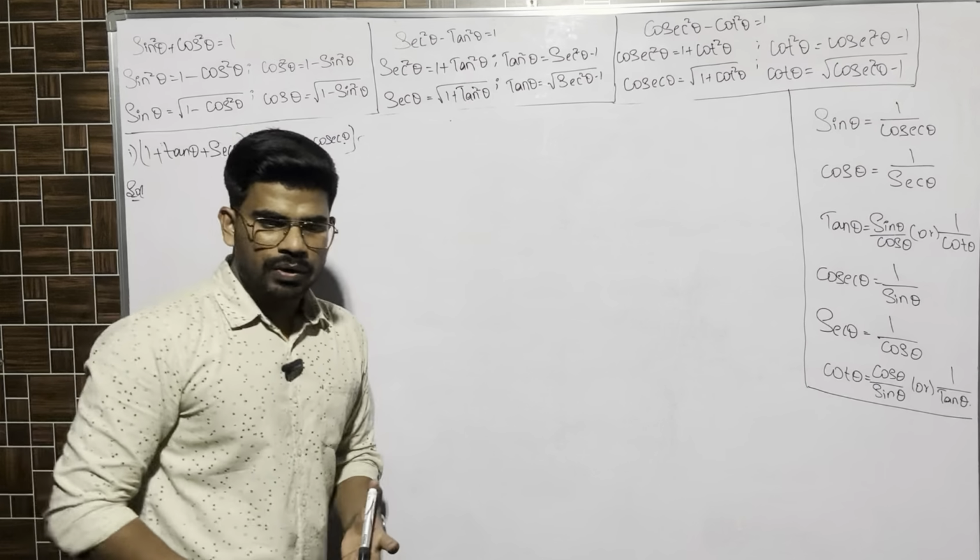So 1 plus 2 sin theta cos theta minus 1 by sin theta cos theta. Right. Plus 1 minus 1 cancel. We have 2 sin theta cos theta by sin theta cos theta. Sin theta cos theta cancelled. We have only 2. 2 is the answer.